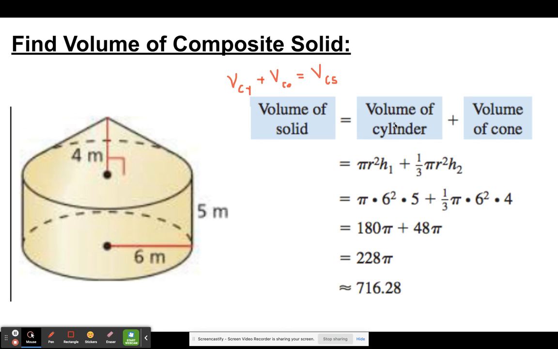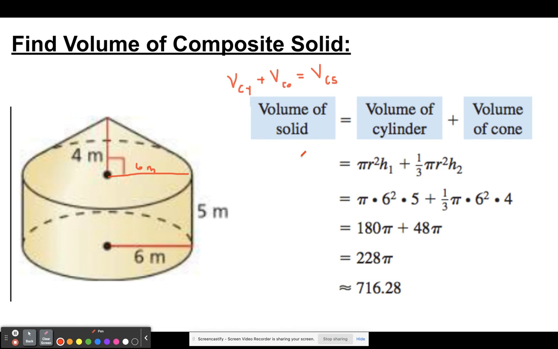And then we find the volume of the cone, which is 1/3 pi r squared times the height of the cone. And so since the cylinder had a radius of 6 meters, we know the same can be said for the base of the cone because that base shape is a piece of the cylinder. It's just the top of it. So my radius here, and I'll even draw it in, my radius here is also 6 meters.